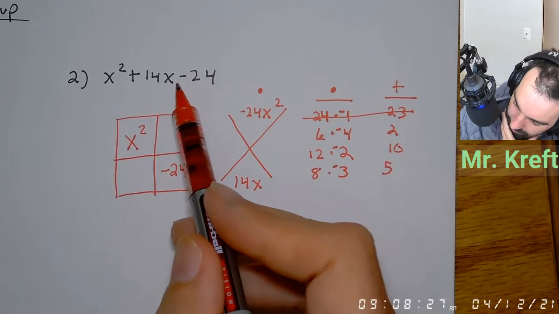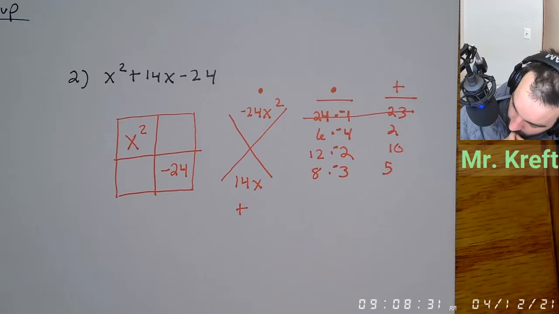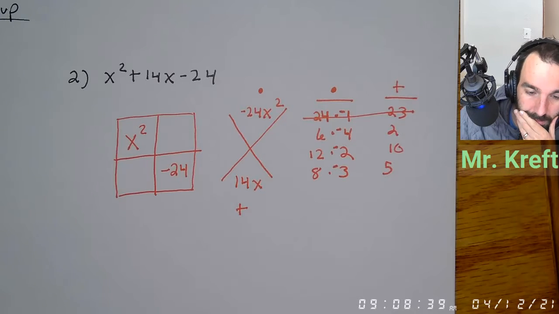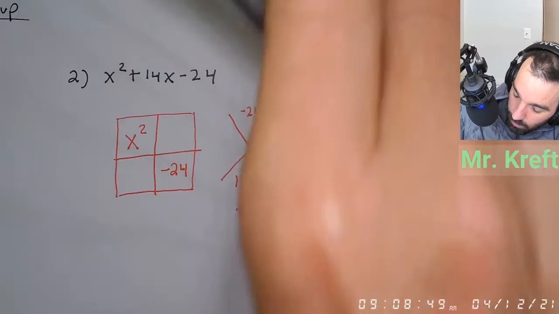Did I make a mistake by making this negative? Let's see, what else gets 24? 2 times 12, I think that's it. Uh-oh. Did I create an impossible problem?